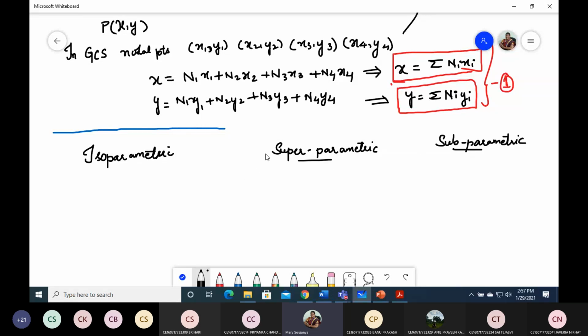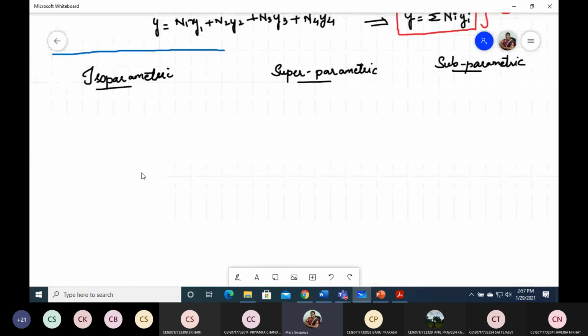I already told you that in the isoparametric concept, shape functions are used to define geometry and displacements. Is it not?